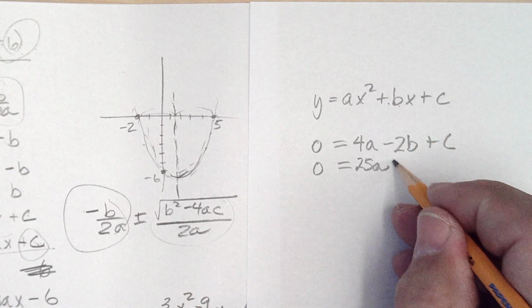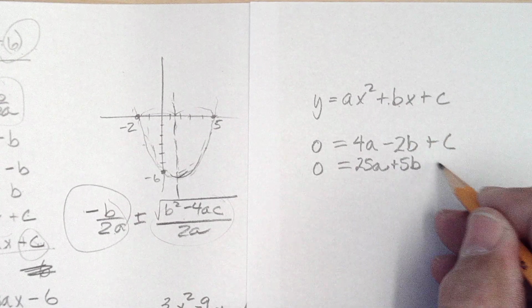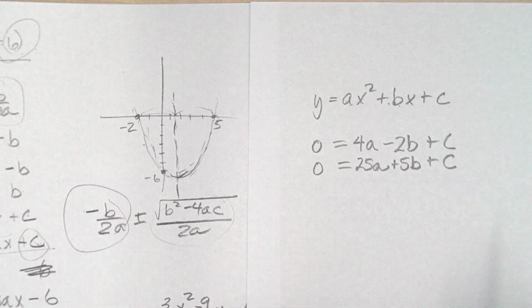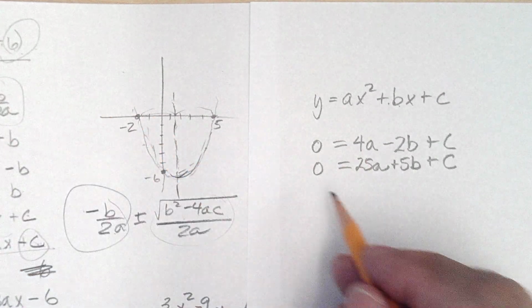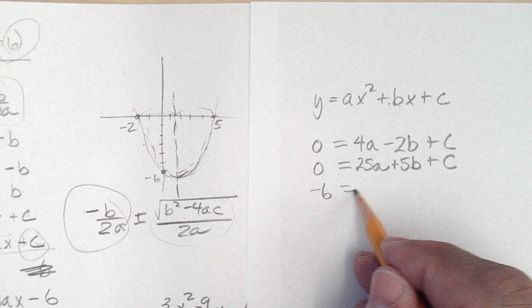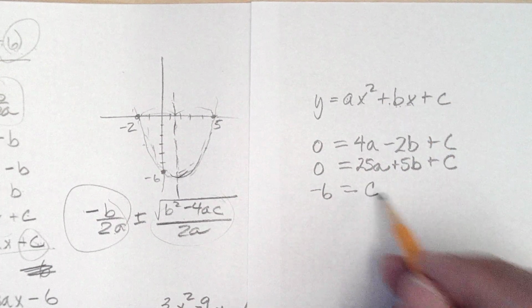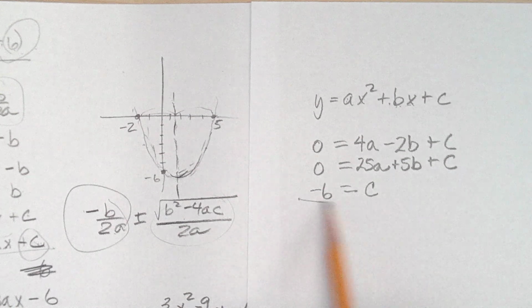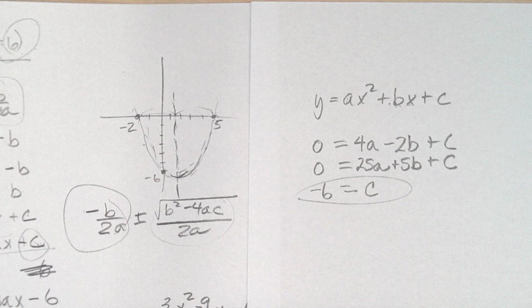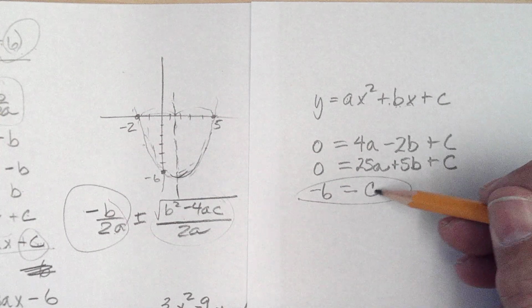plus 5b plus c. And if I put in the negative 6, I get negative 6 equals 0 times a plus 0 times b equals c. So right away, I know c is negative 6, which we did over there.